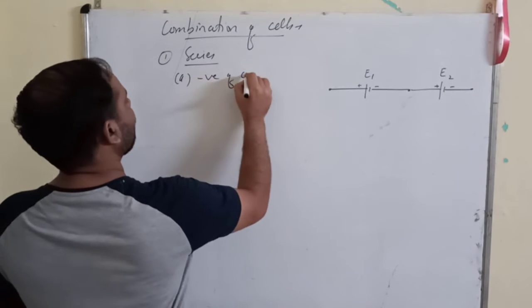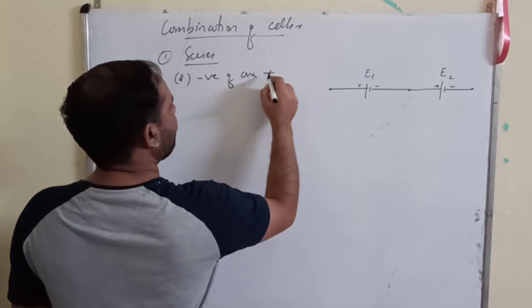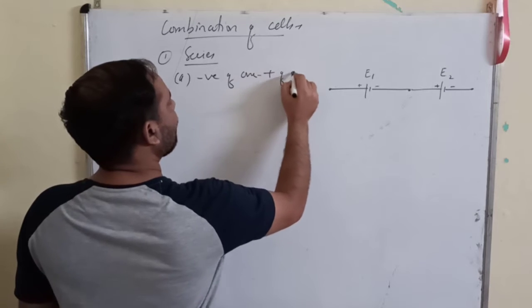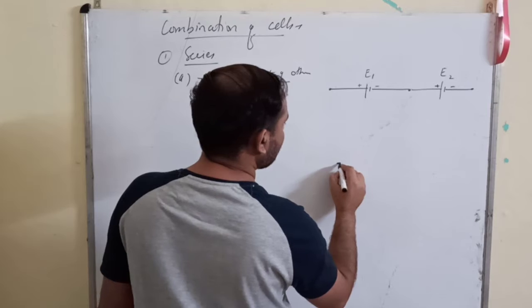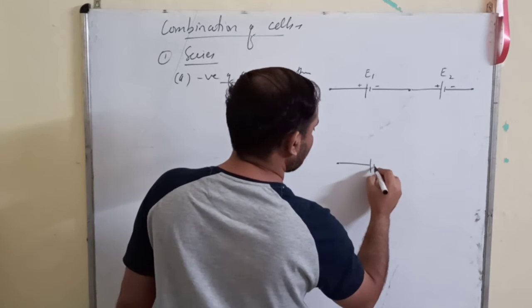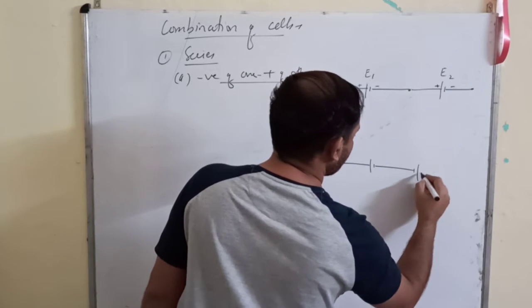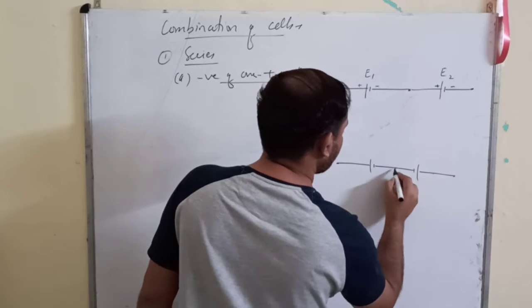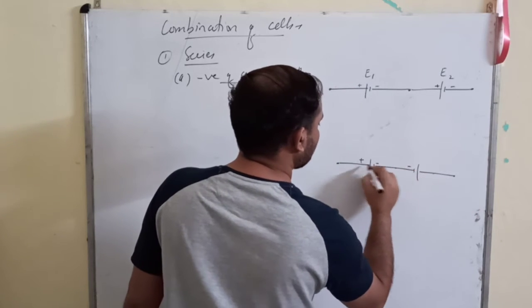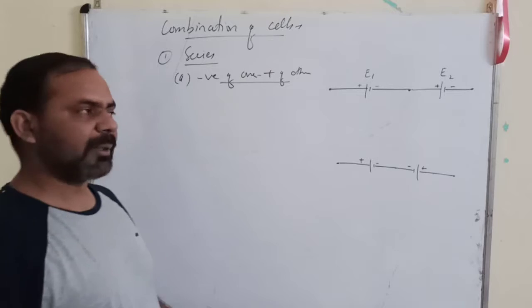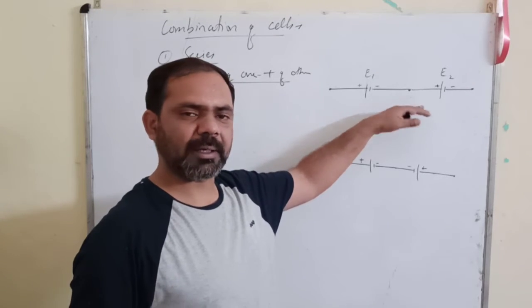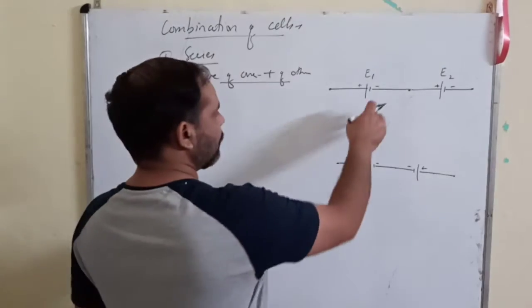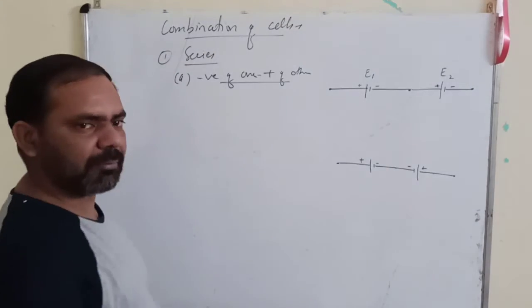One combination can be like this also, where the negatives are connected together. That means similar poles are connected together. Here unlike poles are connected together. So we will discuss these two different types of series combination.